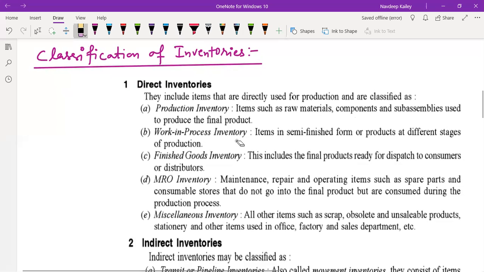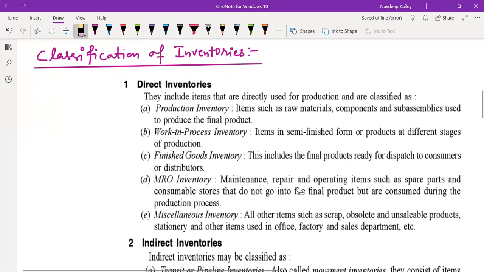Work in process inventory is items in semi-finished form or products at different stages of production. Finished goods inventories are those which include the final products ready for dispatch to customers or distributors. MRO inventory: MRO means basically maintenance, spare and operating inventories.